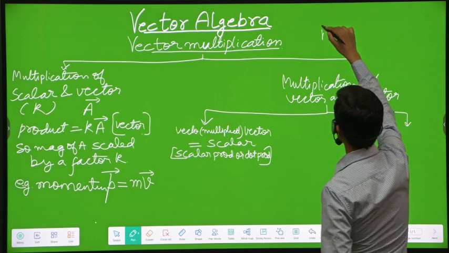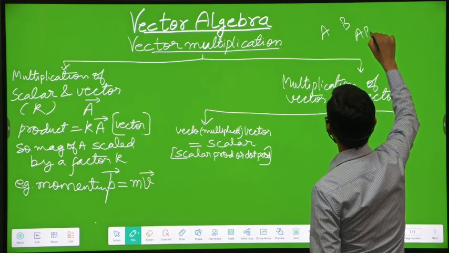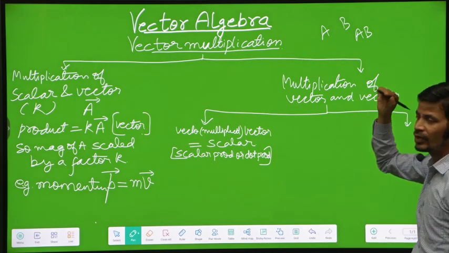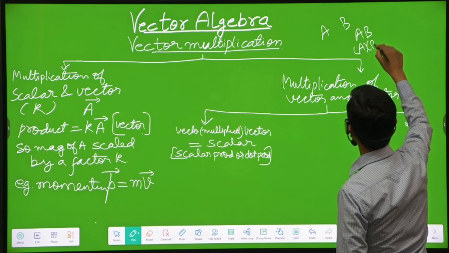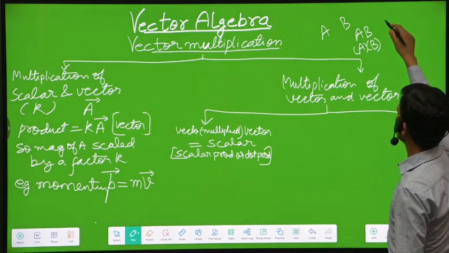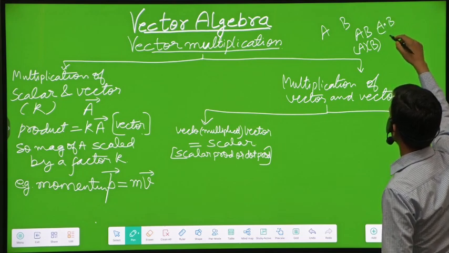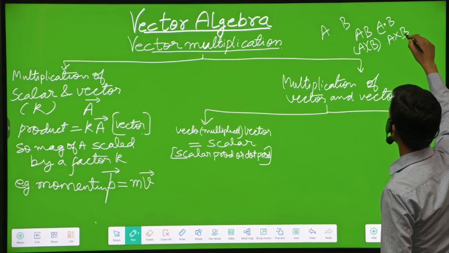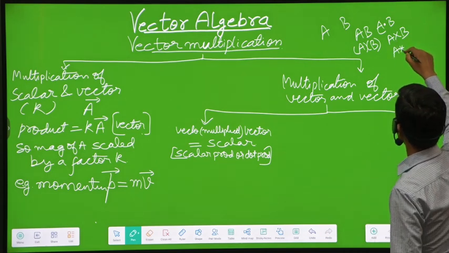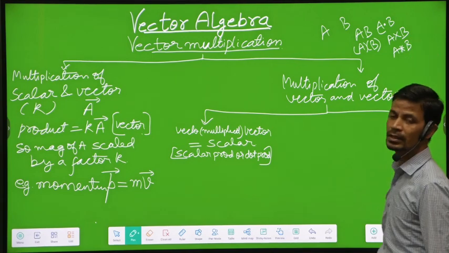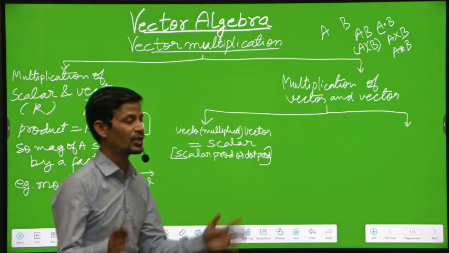For multiplication, if a and b we want to multiply them, we can just write them close, ab. That's the multiplication of a and b. Or sometimes we write them in bracket. Or sometimes we write them as a dot b or a multiplied b. Or sometimes a star b. But here symbols have very specific meaning.